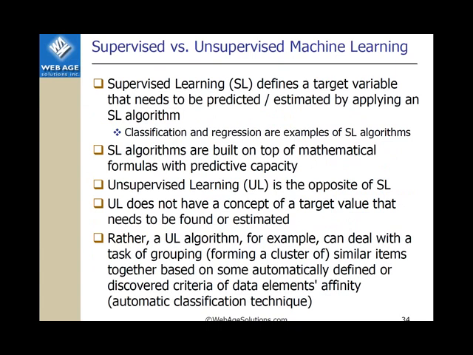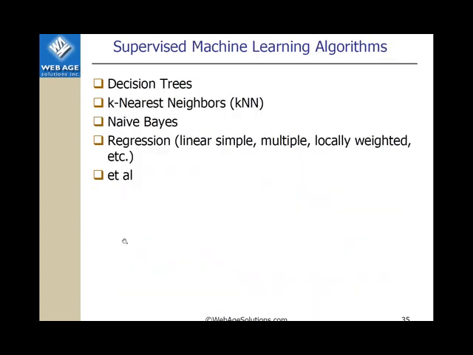Usually it performs grouping, clustering, and when you do the clustering, essentially you create a model that can be used for classification. Okay, so that's how things are structured. Supervised machine learning algorithms are listed here. Decision trees are very popular ones.